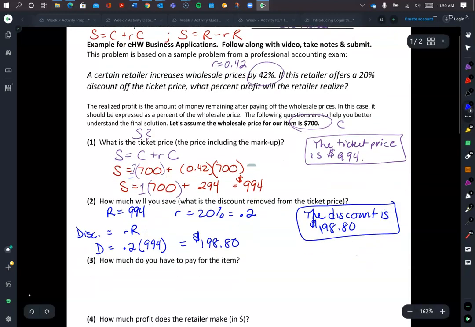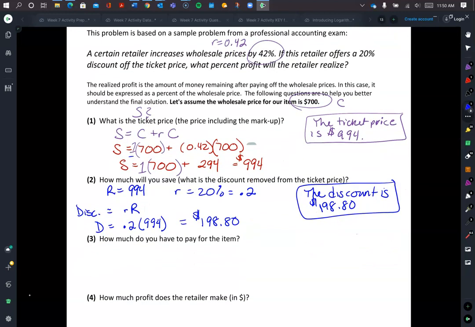So part 3, how much do you have to pay for the item? So we would just take what our sale price would become, our regular price minus our discount price.